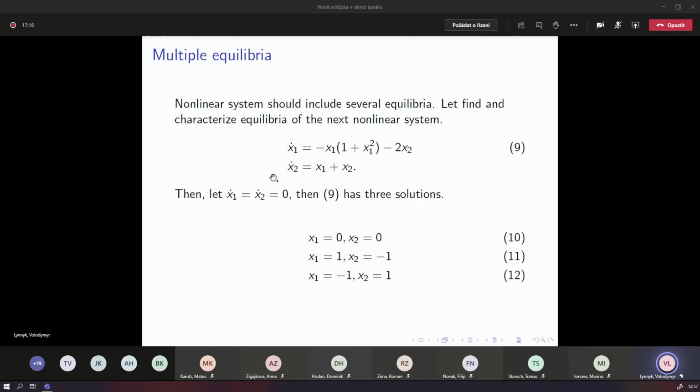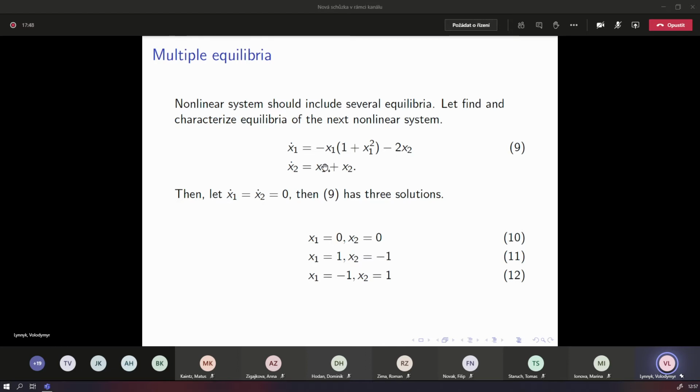Multiple equilibria. A nonlinear system can have several equilibria. Let's find and characterize the equilibria of the next nonlinear system: x1 dot equal to minus x1 plus x1 times (1 plus x1 squared) minus 2x2, and x2 dot equal to x1 plus x2. Then let x1 dot equal x2 dot equal 0.